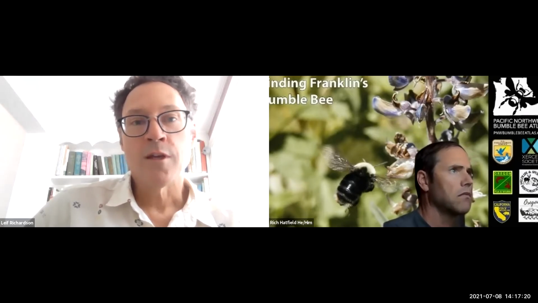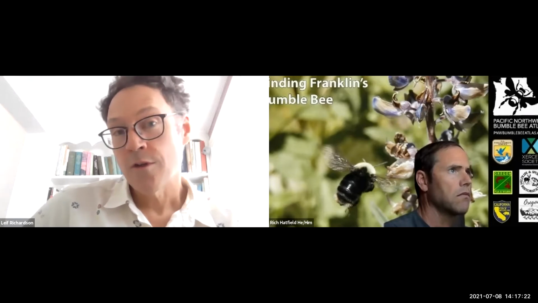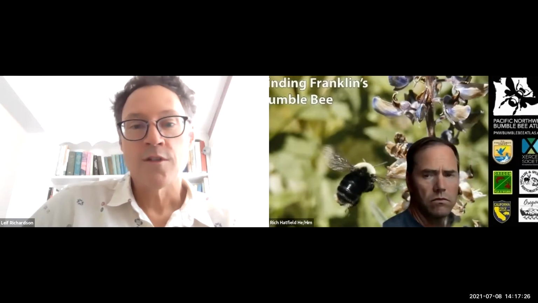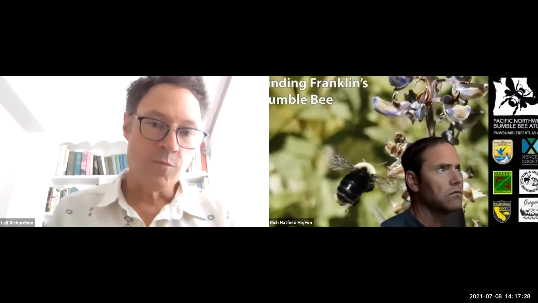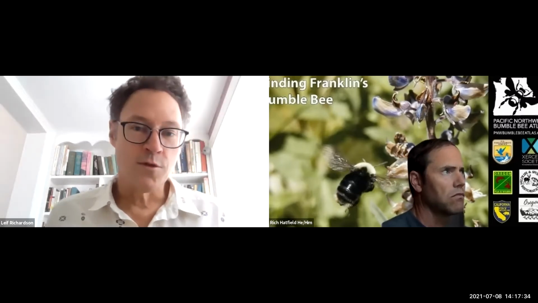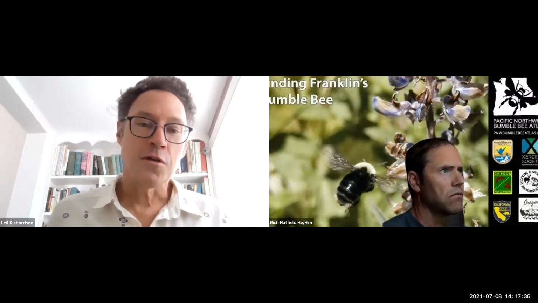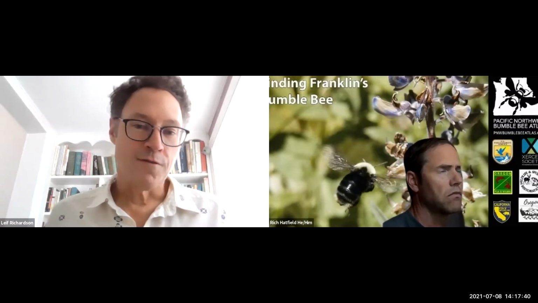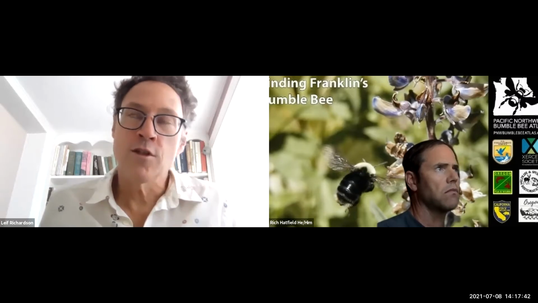Now, this is really important because the answer to your second question is, yes, we have a lot of concern about genetic diversity as a factor in bumblebee declines. When populations get small, we have fewer individuals carrying the genetic material of the species. We have fewer different versions of each gene in the population.